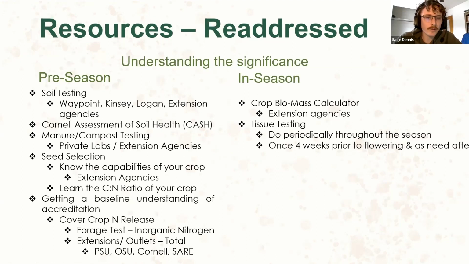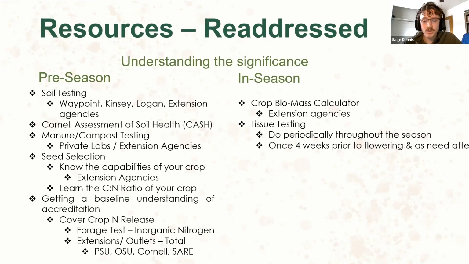Now that we've been through everything and we can see the significance, soil testing is a great baseline when you're looking at your fertility. It's going to give you that chemical portfolio. Your manure and your compost tests are going to show you the fertility of what your input is. Your carbon to nitrogen ratio of your cover crop is going to let you know the degradation rate of your cover crop when incorporated, so you will have an understanding of how quickly that fertility will be made available to your crop.